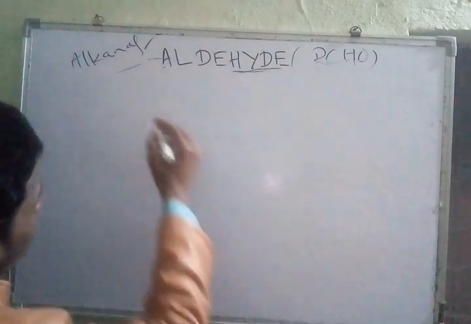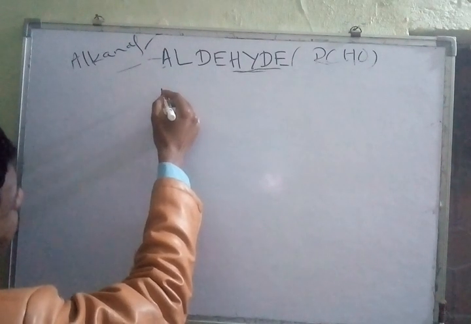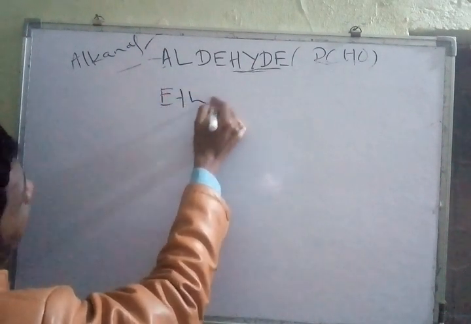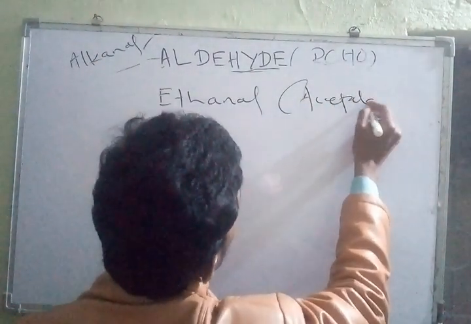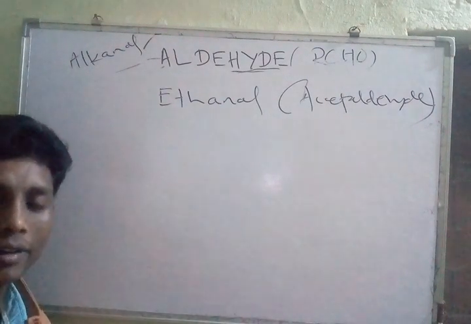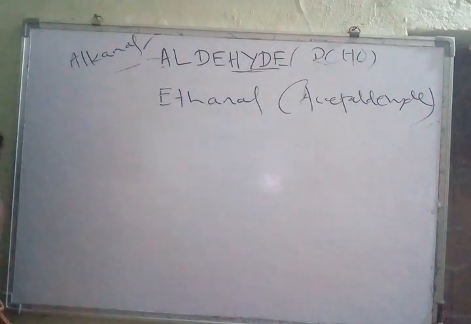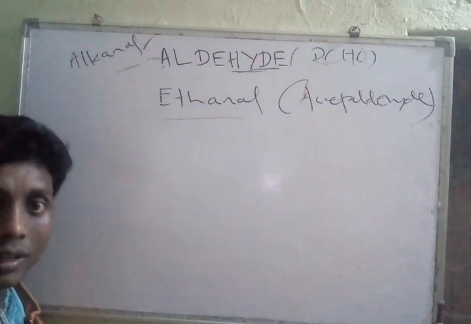Let us consider you are given ethanal, whose common name is acetaldehyde. In this case, you'll have to write the formula for this compound, ethanal or acetaldehyde.